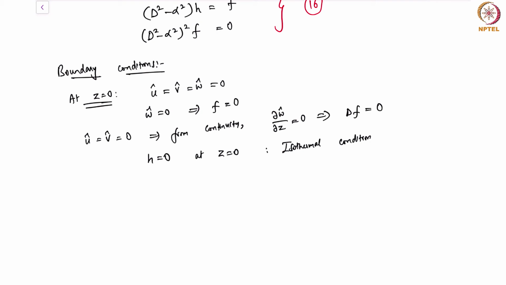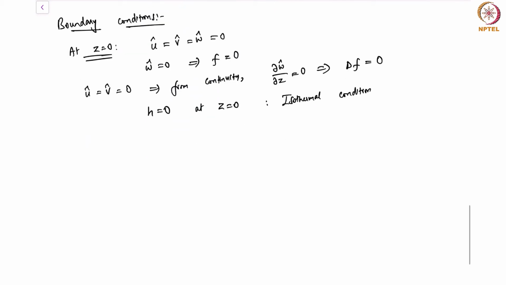There are no perturbations to the temperature on the bottom wall, and that's an isothermal condition because the perturbation of temperature h is 0. Let's summarize again. At z is equal to 0, we have f is equal to 0, df is 0, and h is 0. Let's label this 17.